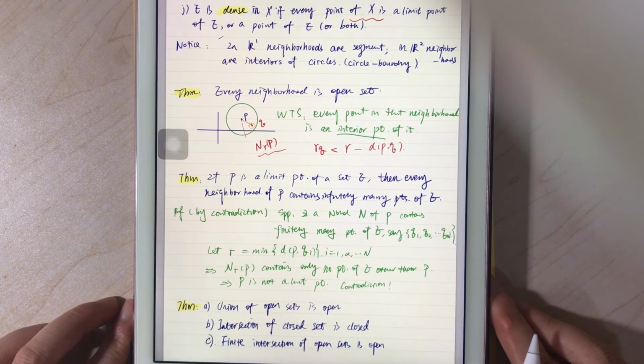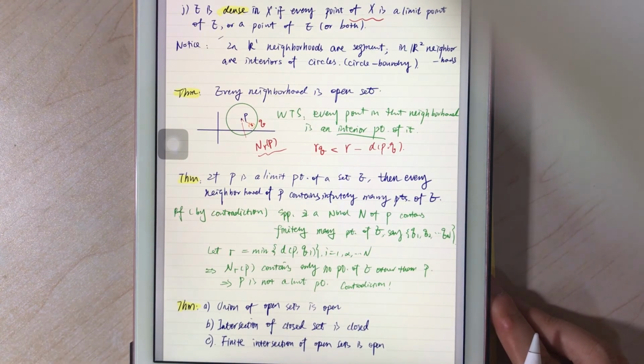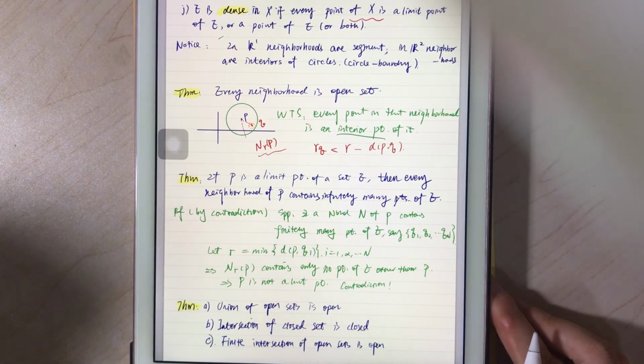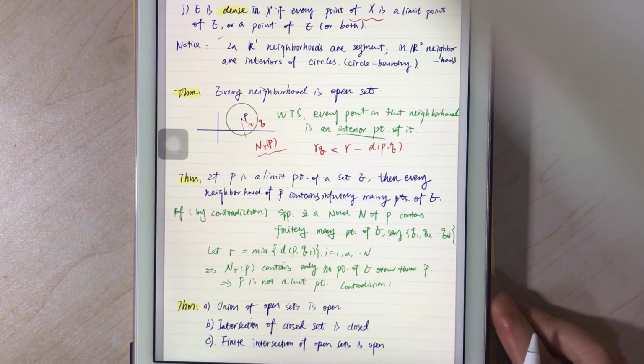So how are we gonna prove that a set contains infinitely many points? We're not gonna count or directly prove that it has infinitely many. Instead, we're gonna show that it cannot be finitely many. So we prove by contradiction.